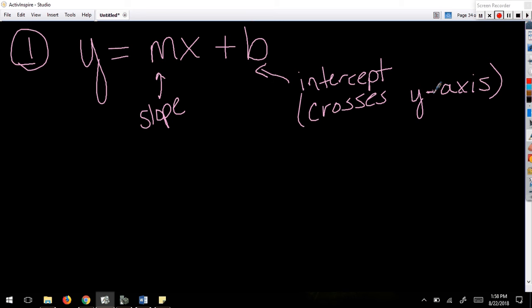Tell me a little bit more about slope. What does slope do? How would you describe slope? Kind of. Elaborate on that a little bit more.